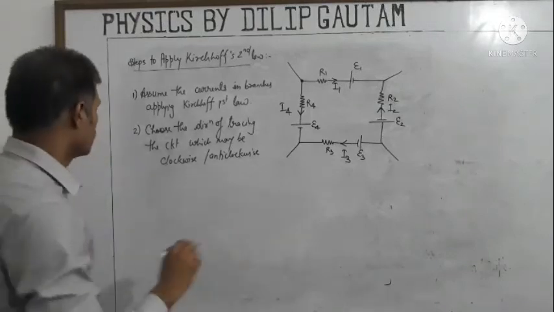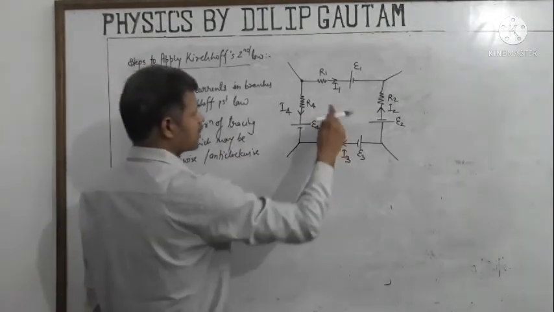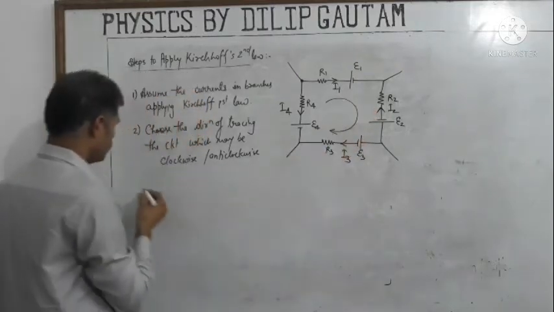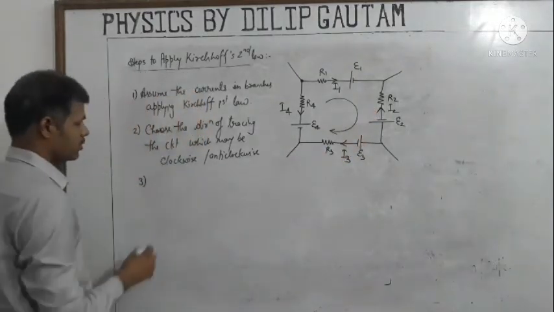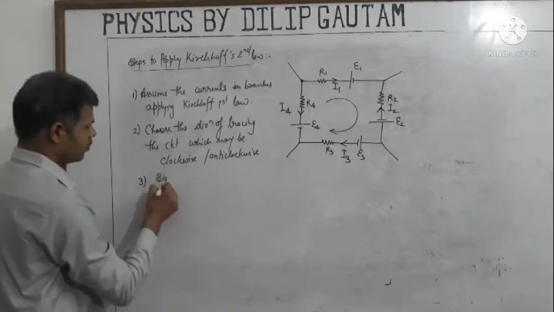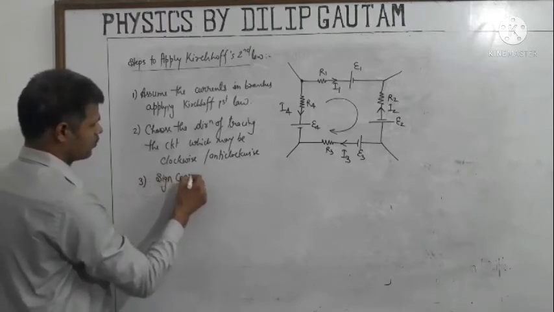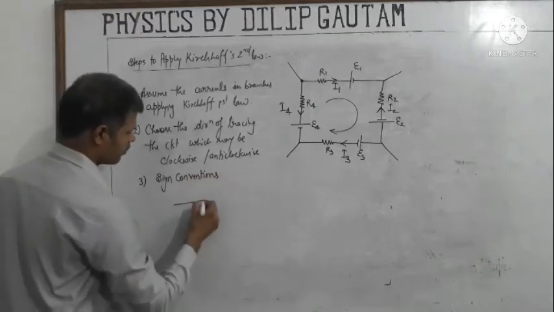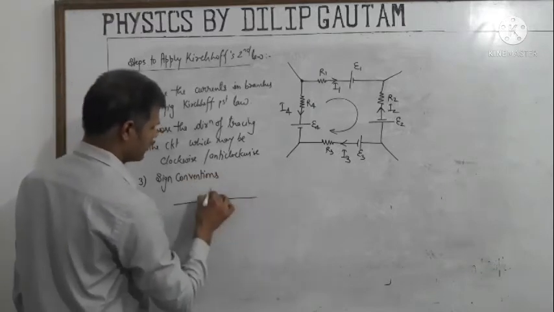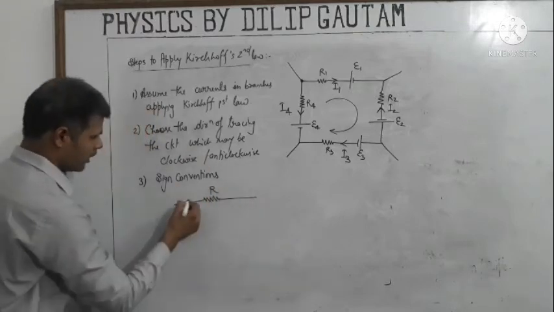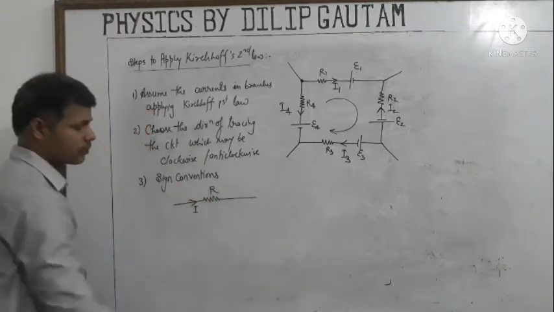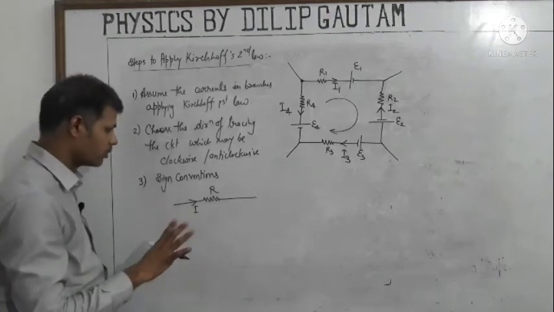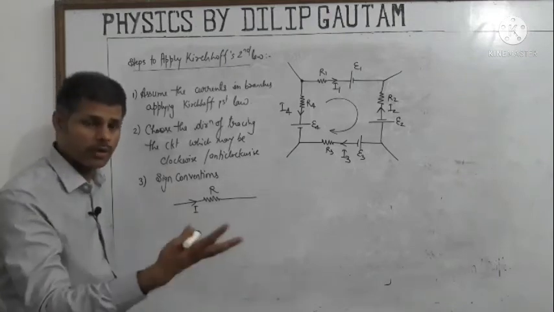Then after taking the direction of tracing the circuit, let's say I am taking the clockwise direction, we have to follow the sign conventions. And what are the sign conventions? It is very simple. Let's say we have resistance R and current is flowing like this, I. As we all know, current always flows from the higher potential terminal to the lower potential terminal.